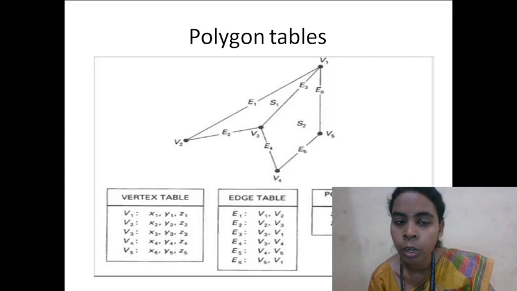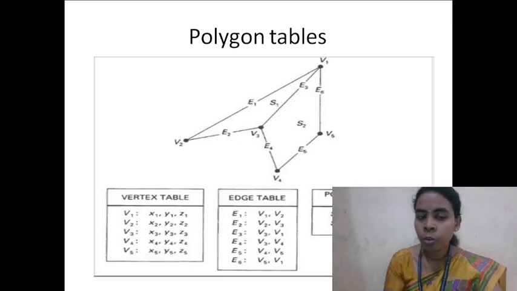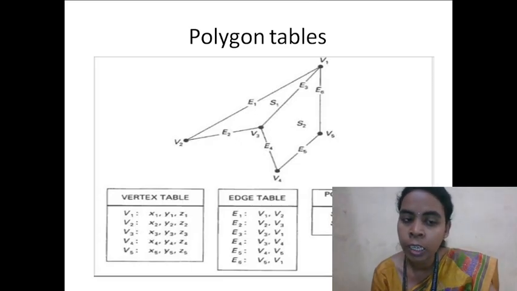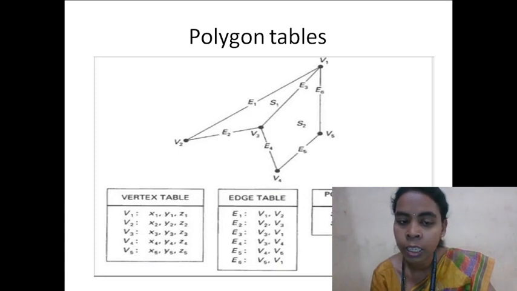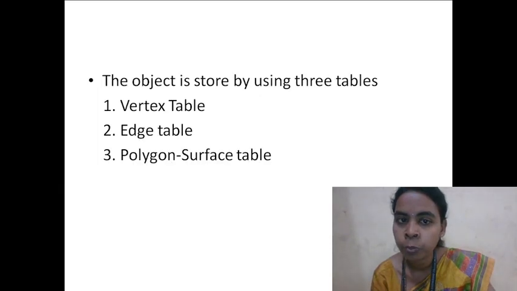In the polygon surface above, we represent the vertex table as V1, V2, V3, V4, V5, the edge table as E1, E2, E3, E4, E5 and E6, and the polygon surfaces S1 and S2. Here the polygon table is divided into three categories: vertex table, edge table and surface table.